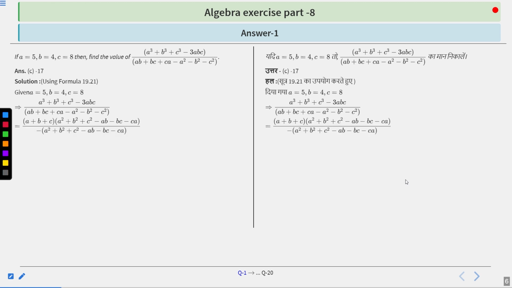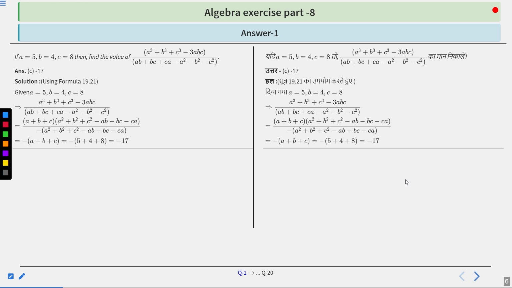Then using formula 19.21, a cube plus b cube plus c cube minus 3abc can be written as a plus b plus c into a square plus b square plus c square minus ab minus bc minus ca upon, taking minus common from the denominator, we can write it as minus of a square plus b square plus c square minus ab minus bc minus ca.